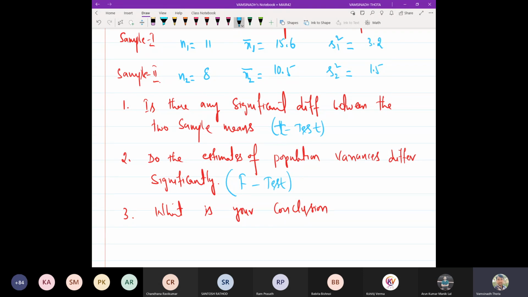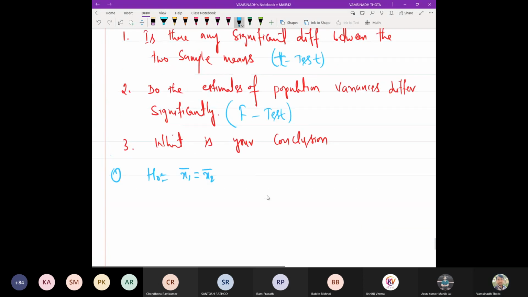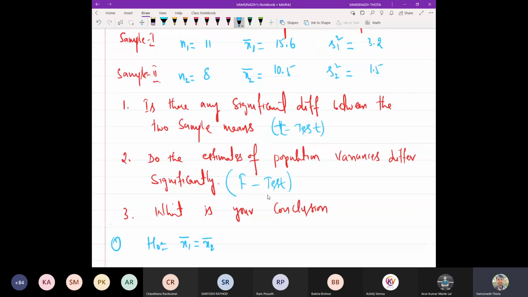Now, see the first one. We are going to answer the first one with the t-test. H0 assumes that there is no significant difference between the sample means.